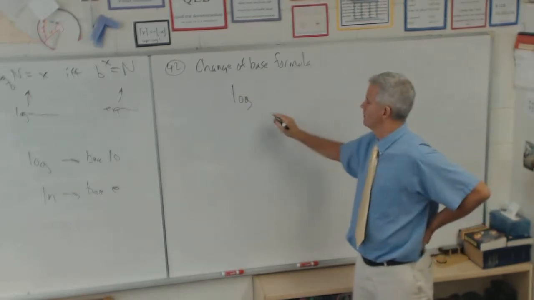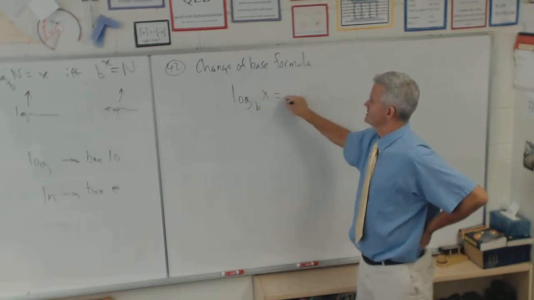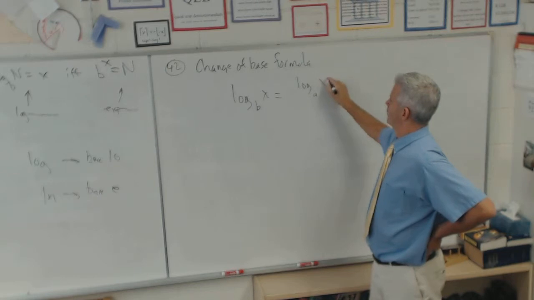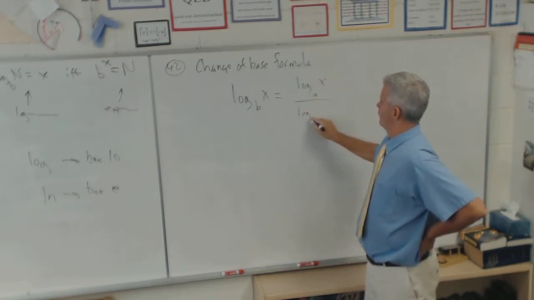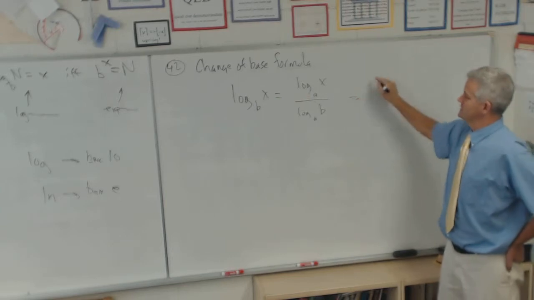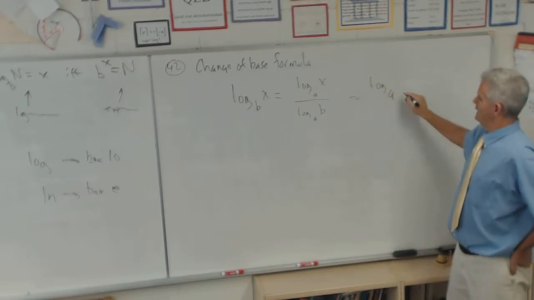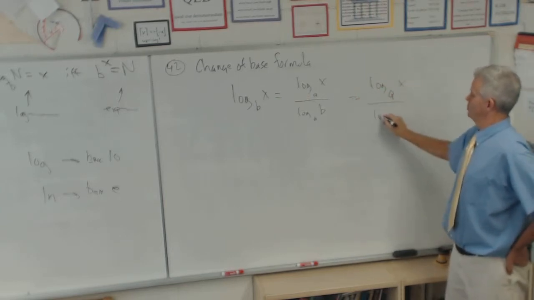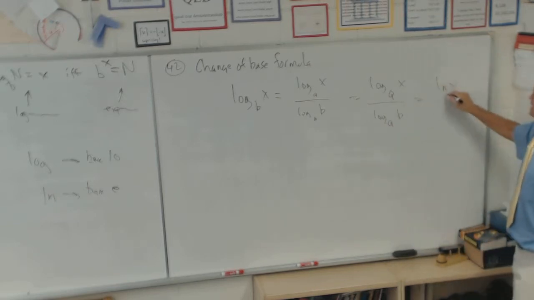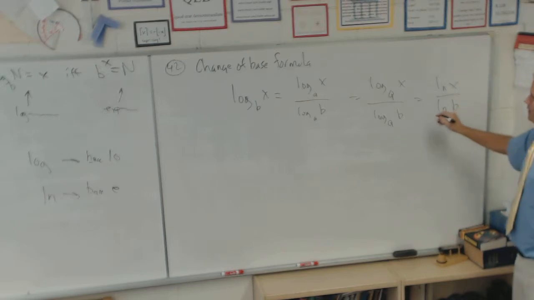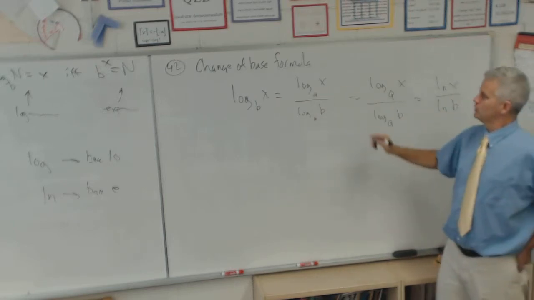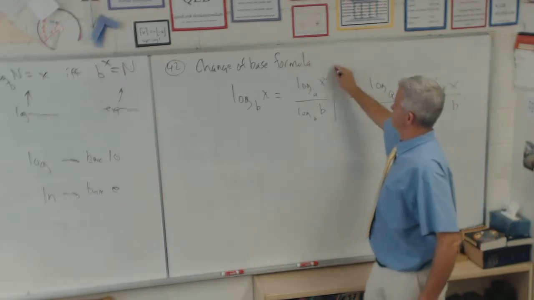Log base b of x equals log base a of x over log base a of b. Okay, so we could change this into any base. Go to base 10, or I could go to base e. But that's it, base a could be anything.